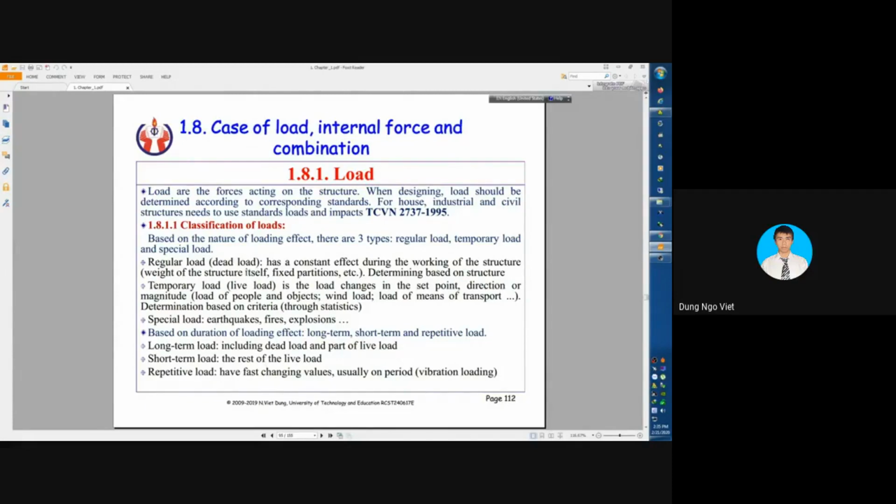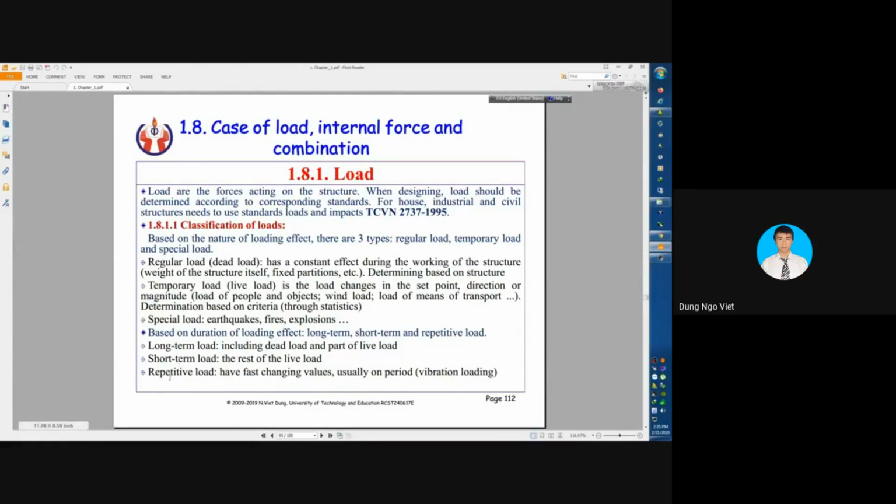Temporary loads are determined based on criteria from statistics. The third type of load is the special load. They are earthquakes, fires, and explosion loads. That's the classification of loads based on the nature of loading effect.